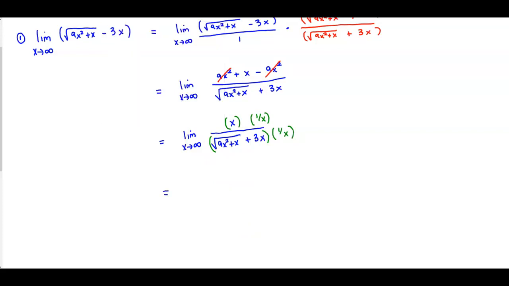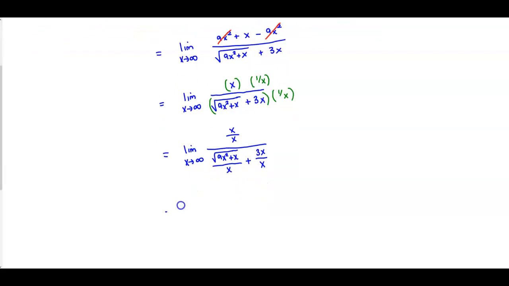We end up getting the limit as x approaches infinity of x divided by x over the square root of 9x squared plus x over x plus 3x over x. And again, that's from distributing the 1 over x.